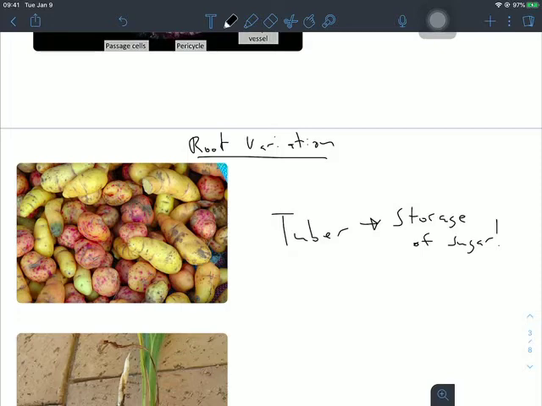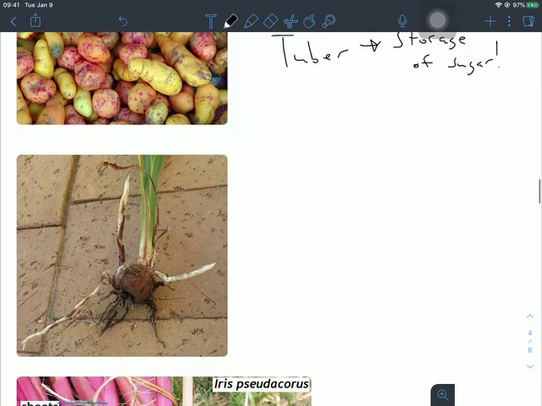You can also get different types of roots in either the fibrous or the tap roots that are not tubers, but are instead propagative. They help proliferate the plant.